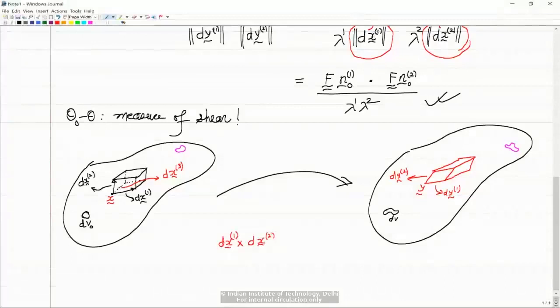If you take these two sides, then the cross product is a vector which is directed along the normal to that face and whose magnitude is the same as the area of that face.